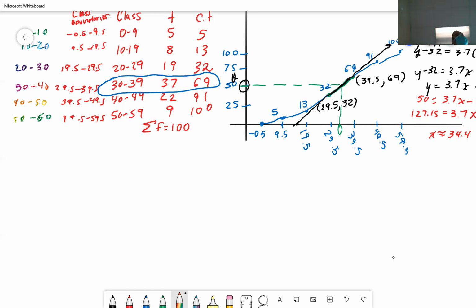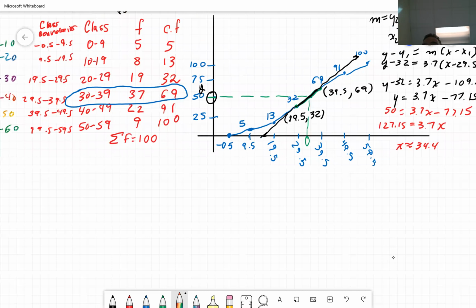Okay, so let me just do that same problem now with different points.